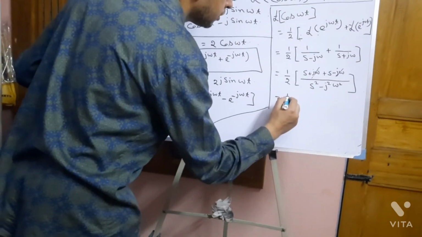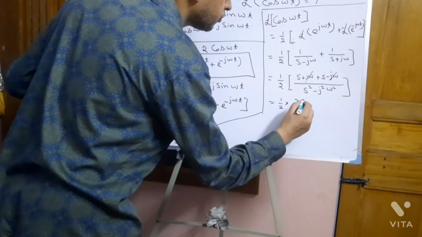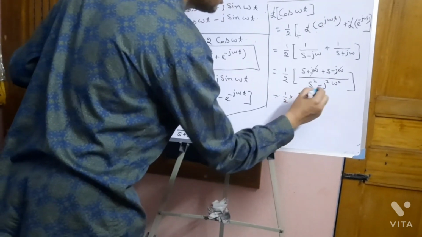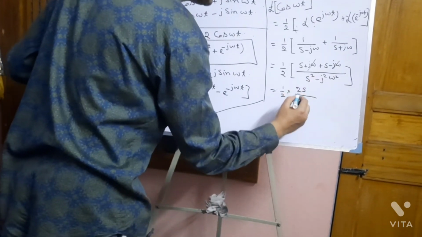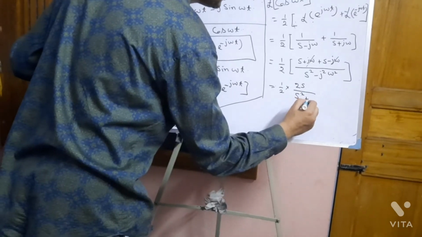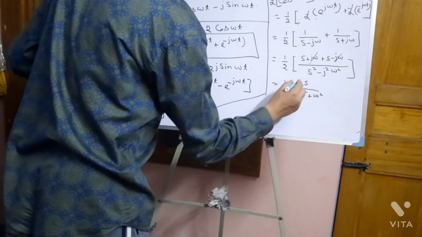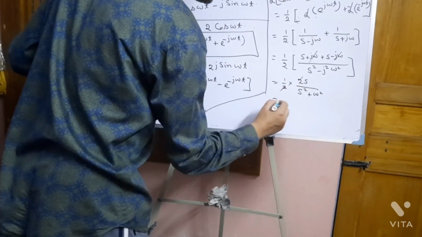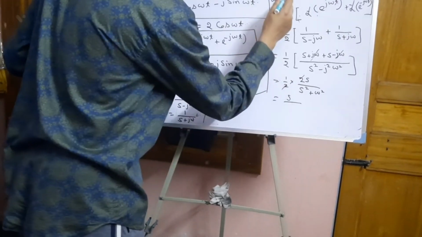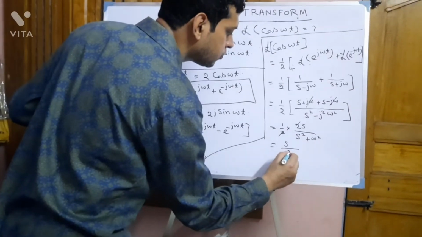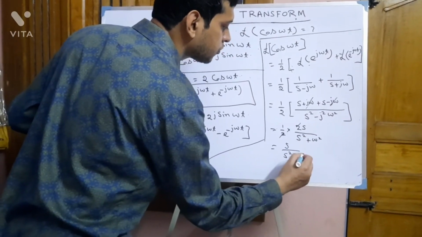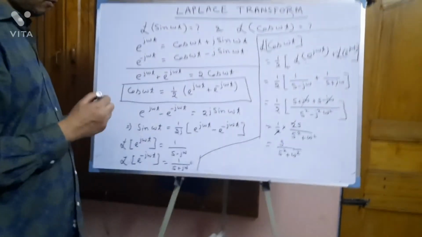So half into 2s, and we know that j square equals minus 1, so at the denominator we get s square plus omega square. So half and 2 will cancel out. So the Laplace transform of cos omega t is equal to s by s square plus omega square.